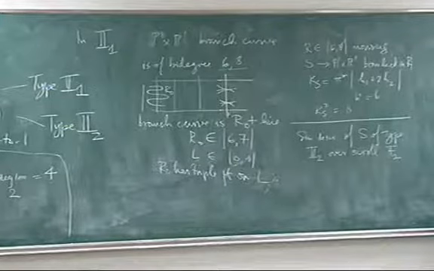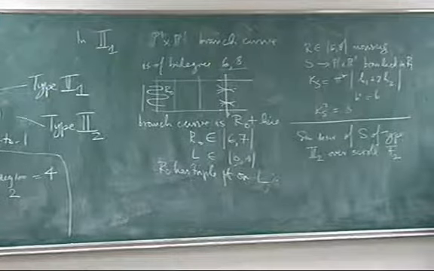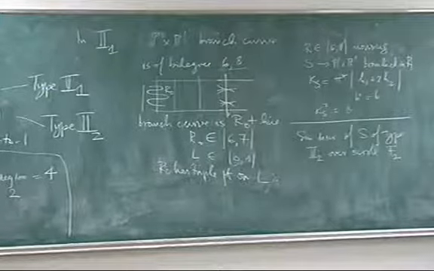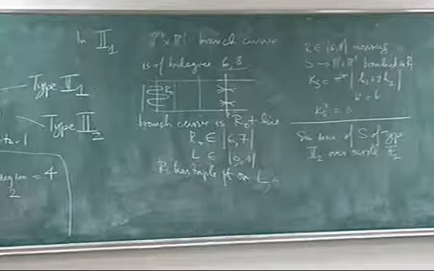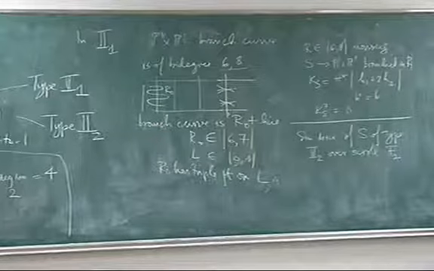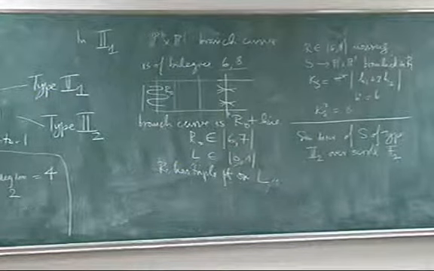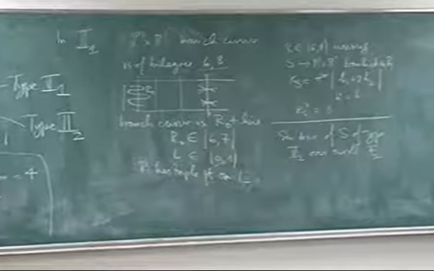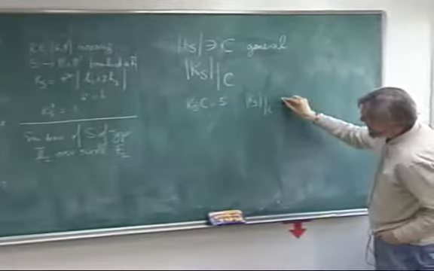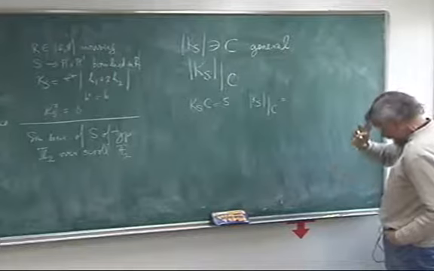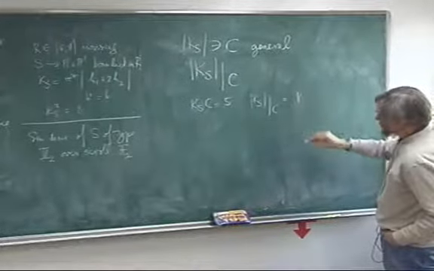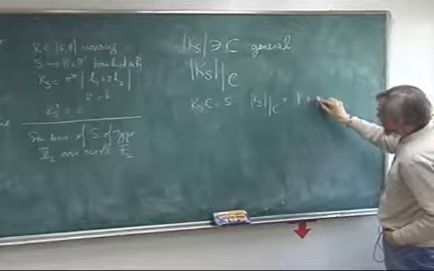And then I'm going to take Ks restricted to C. Ks times C is 5, and so Ks restricted to C is a fixed point P, which I'm assuming, plus a G24.